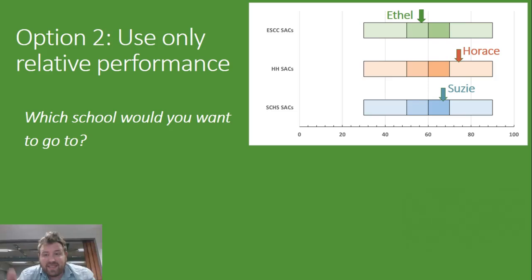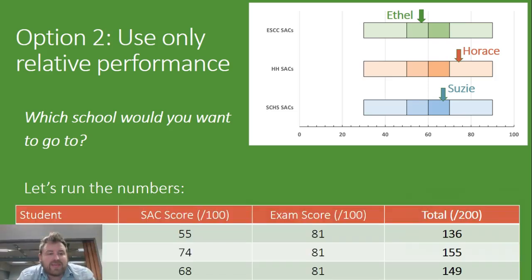And I've done that with some numbers, and let's run some numbers again. In this case, it turns out that Horace gets the highest score. He gets 74 out of 100. Susie gets 68, and Ethel gets 55. And that's just based on the fact that relative to his cohort, Horace has done a little bit better. Whereas Susie's in the third quartile and Ethel's in the second.